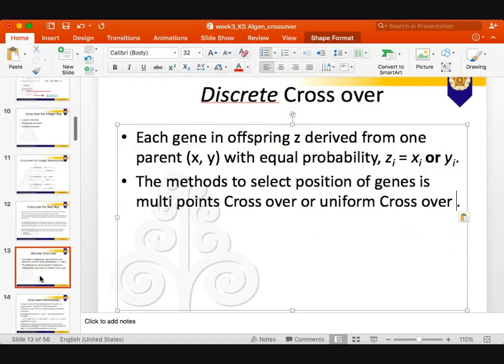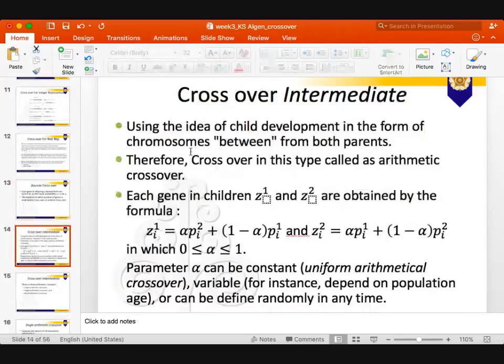But in intermediate crossover, we use the idea of values between both parents. It's like arithmetic crossover. We can call it arithmetic crossover.